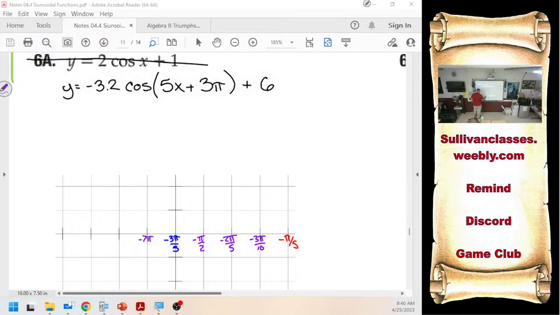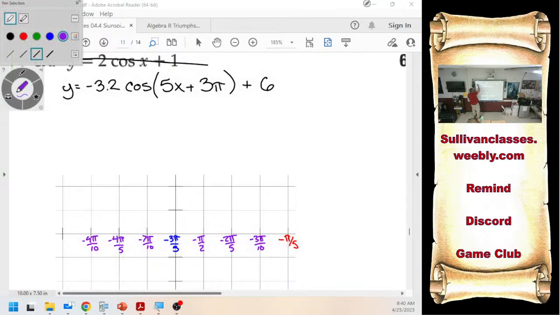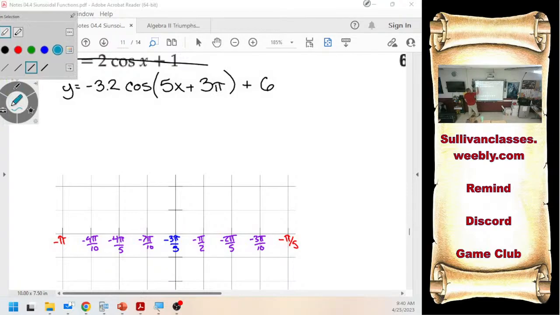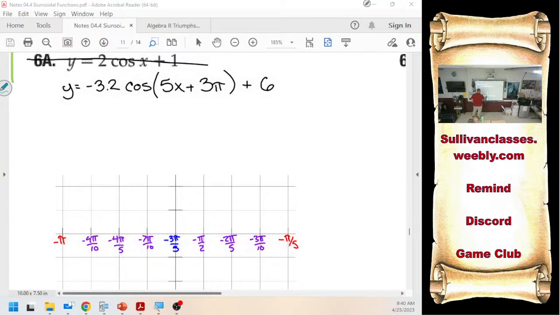Six. Plus 3. So 5 is. Check my mental mojo.